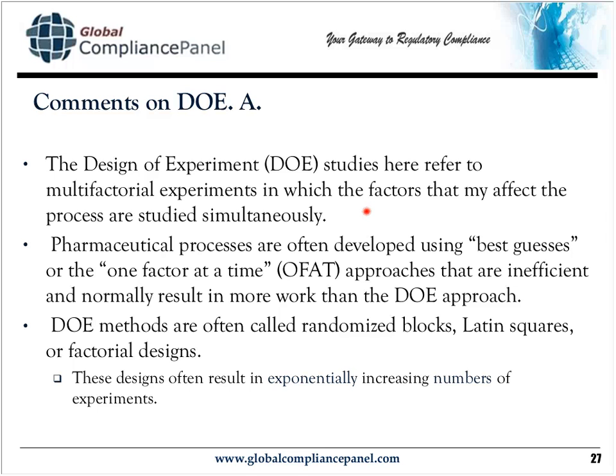And what you do is you make high, low, or plus minus variations in your critical process parameters and see how that affects your critical to quality attributes. And the interesting thing is that you're going to find out that there are many things that you thought were critical quality attributes that are not affected by critical process parameters.